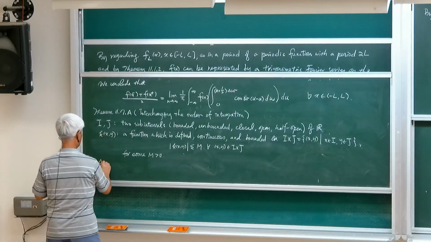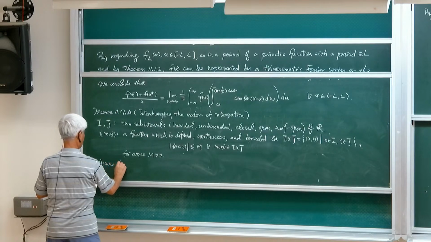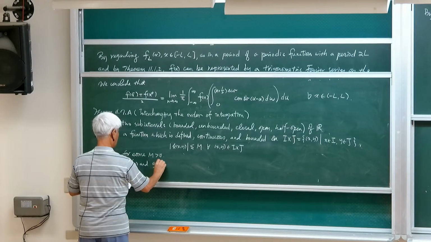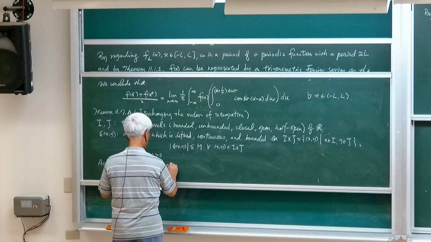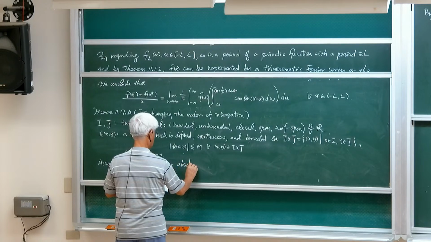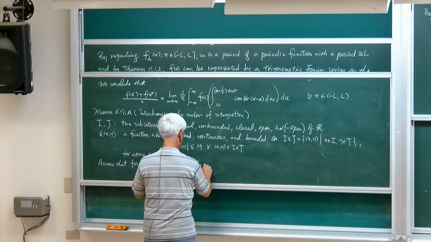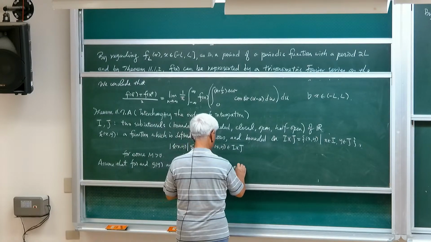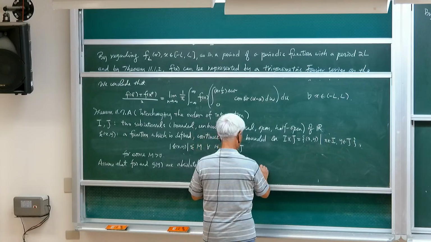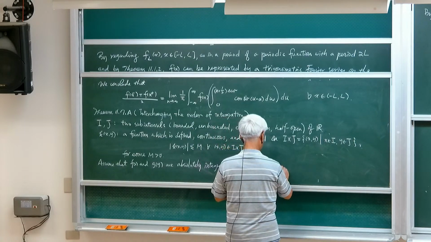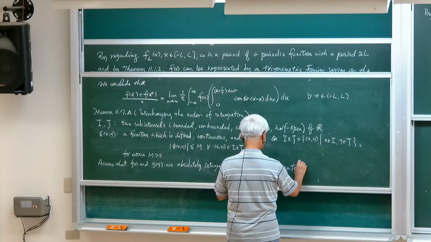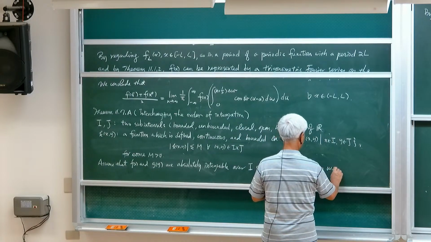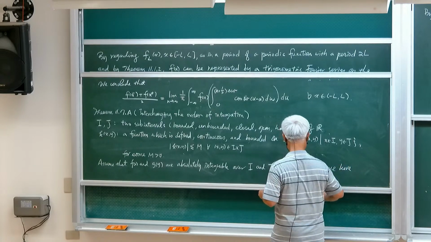So assume that f of x and g of y are absolutely integrable over the interval I and the interval J respectively. Then we have the following result.